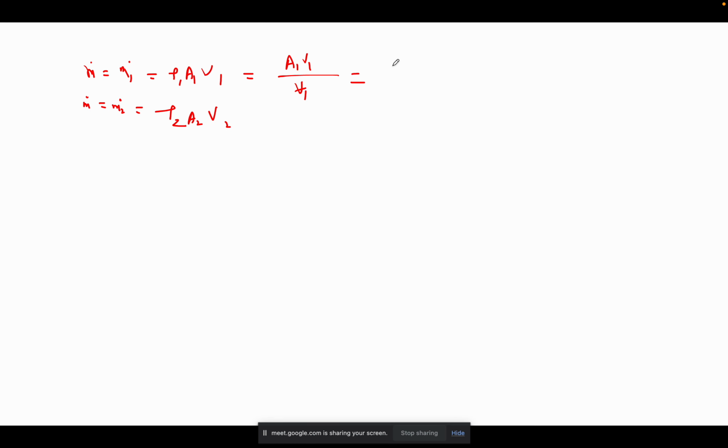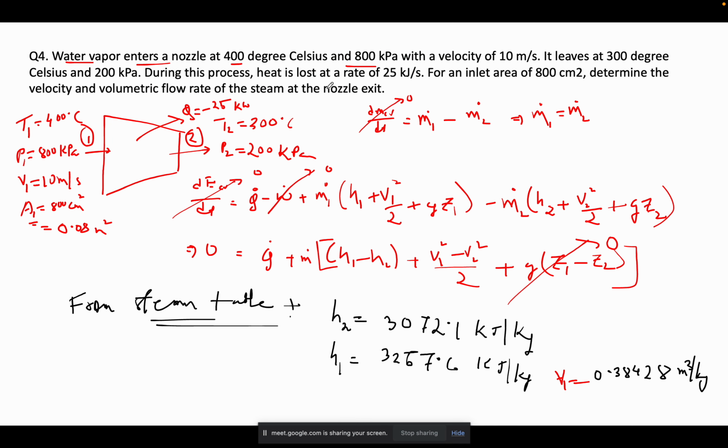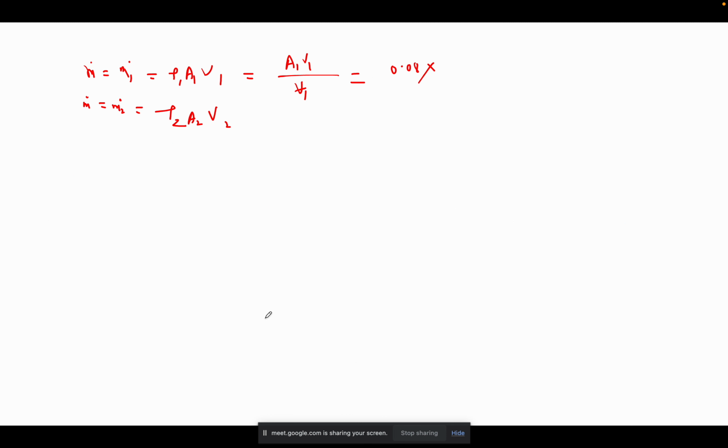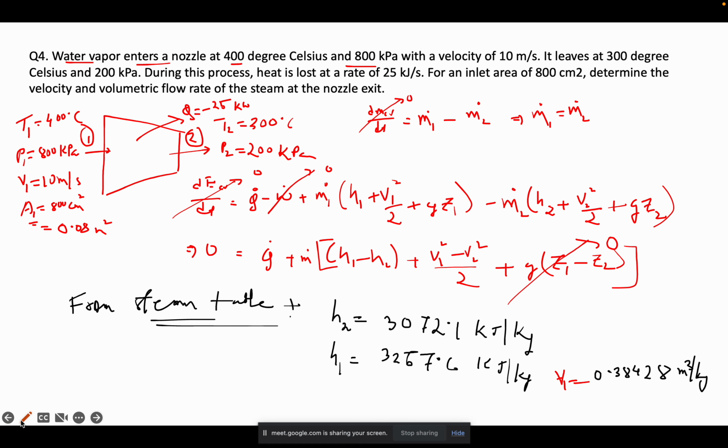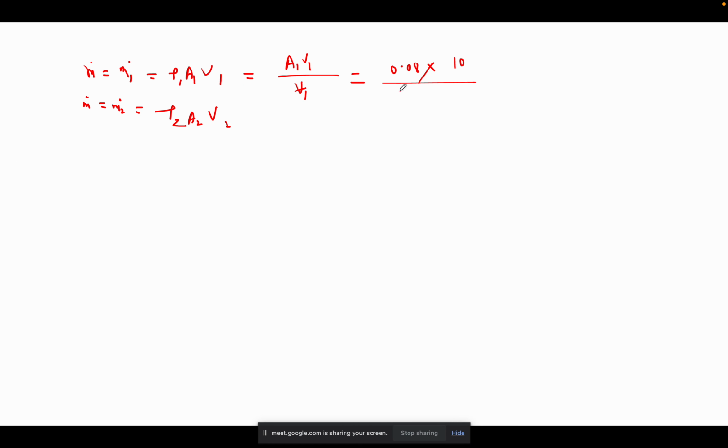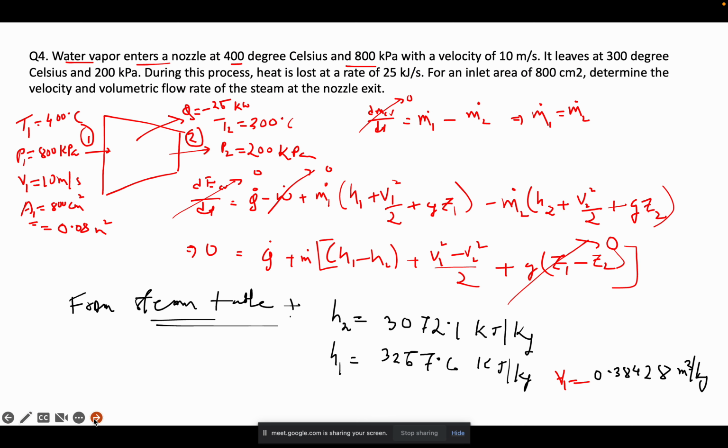Your A1 is 0.08 and your V1 velocity is given as 10 meter per second, and the volume at the initial point is 0.38428. So 0.08 into 10 by 0.38428 gives 2.08 kg per second. So we'll put all these things in this equation.